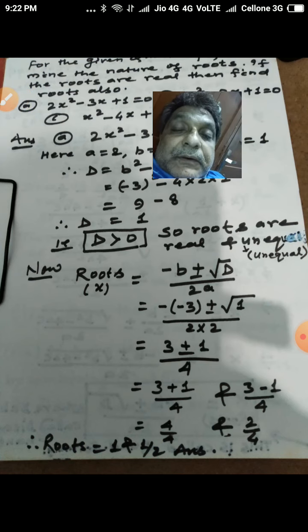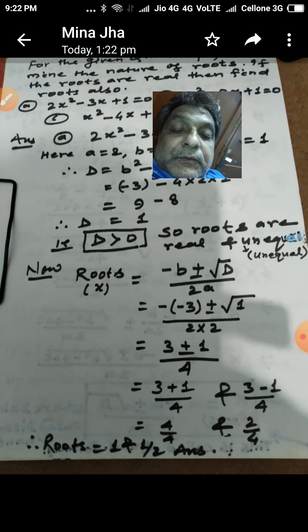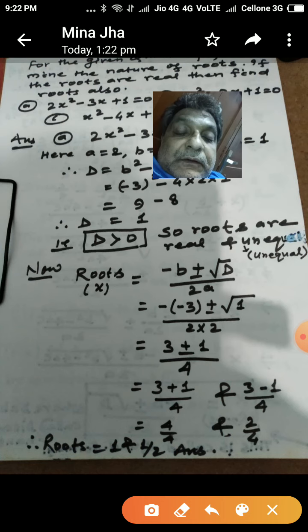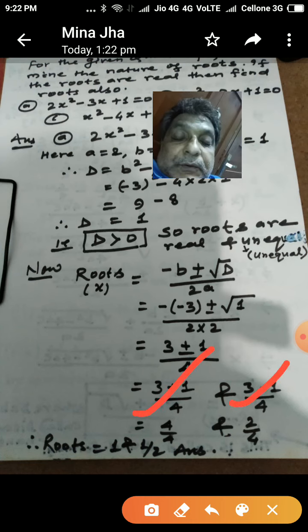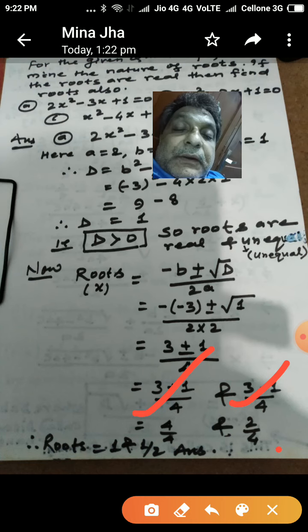Separating them we get two values: 3 plus 1 by 4 and 3 minus 1 by 4. So it is 1 and 1 by 2. In this way the roots are from the real number family, 1 and 1 by 2, and they are unequal also.